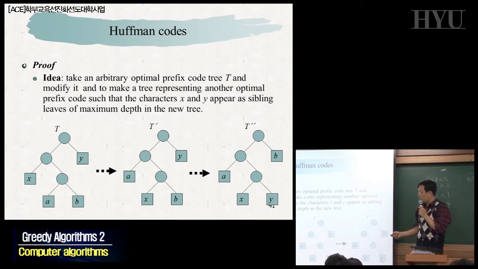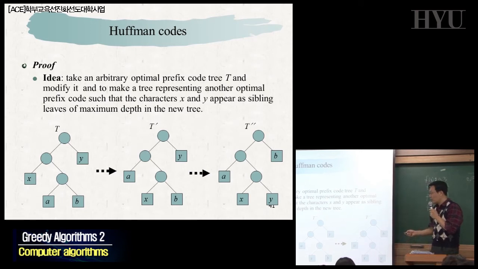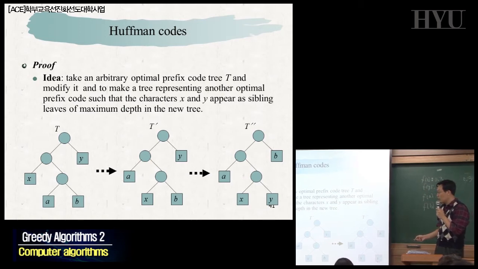Because the frequency of x is smaller than the frequency of a, the cost of T prime is smaller than or equal to that of T. And moreover, we know that the frequency of y is smaller than or equal to that of b.